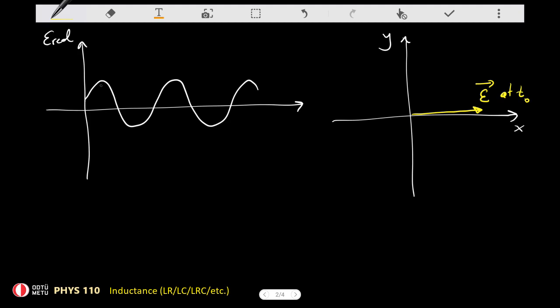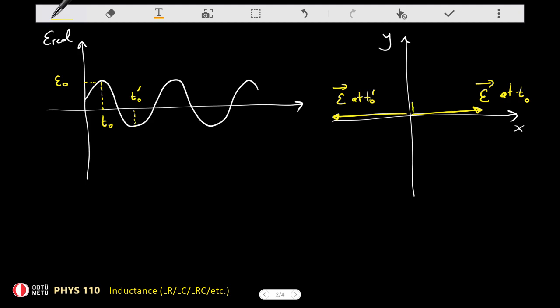This is the point where the real EMF becomes a maximum, because this is where the x component of the vector has its maximum value, which is the amplitude. Let's say there's a point where the EMF becomes anti-parallel to the x-axis. This is at time t0 prime, and this is the moment where the EMF becomes minimum.